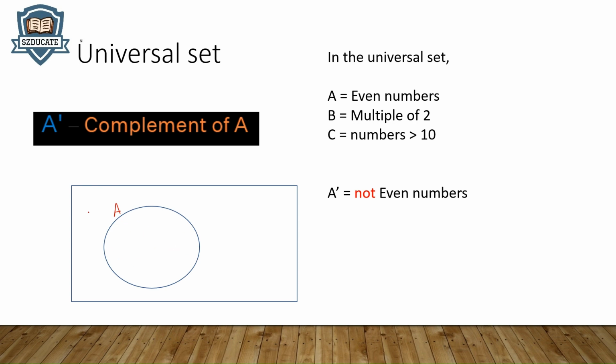A prime will be everything that is outside A. Everything that doesn't belong to A is A prime. Okay, so that's what it means. So A prime is actually the opposite of A.